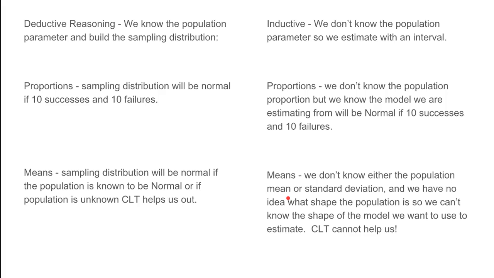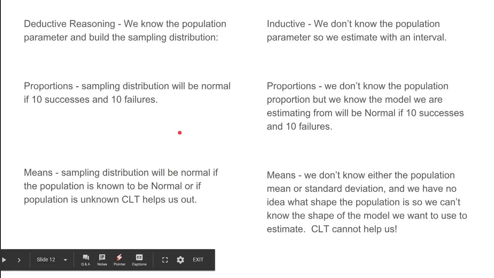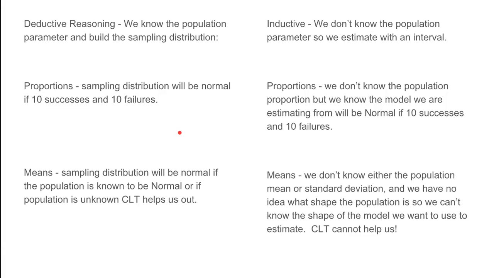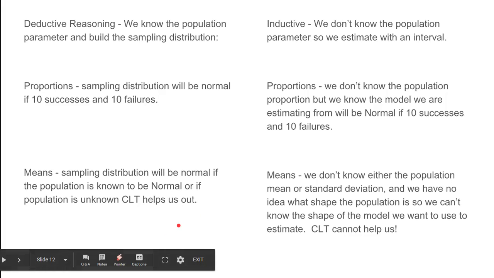Now, let's make sure we really understand this, right? So basically, last unit we had deductive reasoning. Here we know the population parameter, and we're building the sampling distribution. So when we work with proportions, we said, hey, we're going to use a normal model. Why? Because we know we have 10 or more successes, 10 or more failures. We know the normal model is going to apply. That's awesome. When we were working with means, we said, well, the sampling distribution is going to be normal as long as one of two things.